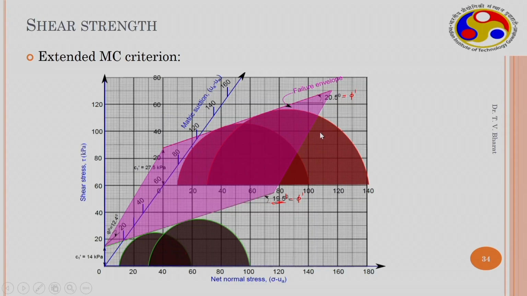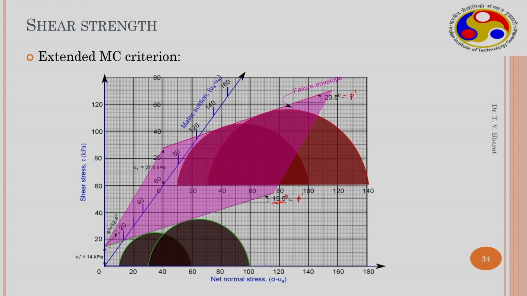Here, the earlier data which we had drawn from test 1, test 2, test 3 and test 4 is estimated to be 19.5, which is phi dash, and this 20.5 is also phi dash. You can average it and give the value of phi dash as 20. You can in fact take phi dash as 20 in both cases, but here it is as it is drawn.